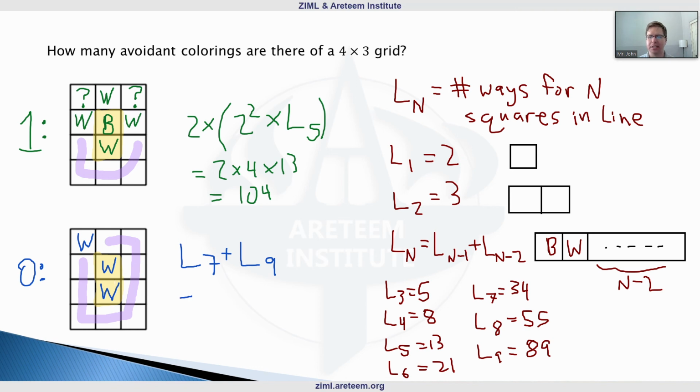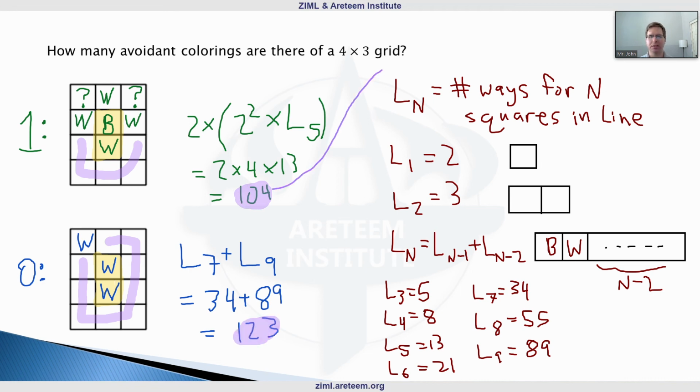We said that was either 7 squares in a line, so that's L7, which is 34, or L9, which is 89, 9 squares in a row. So we have L7 plus L9, 34 plus 89 is 123. And we don't even need the multiple choices to help us here. Our final answer is dependent on these two numbers, 104 and 123.